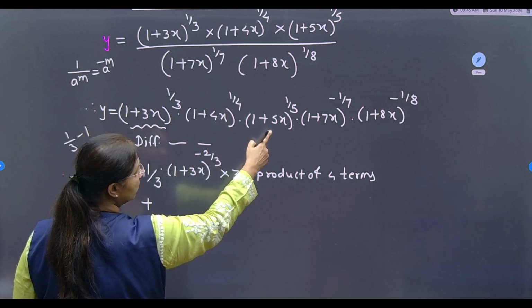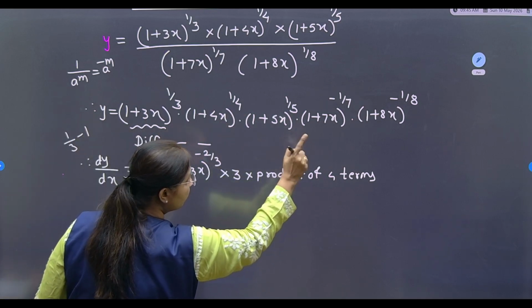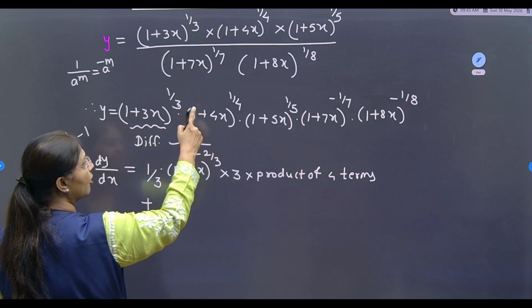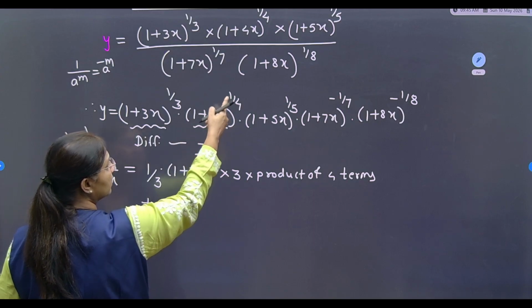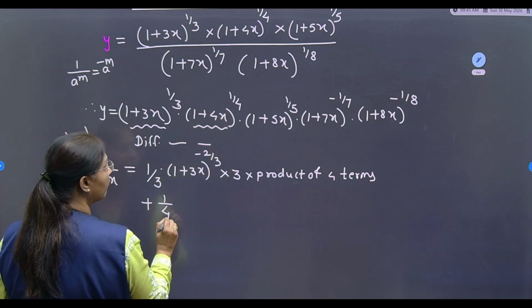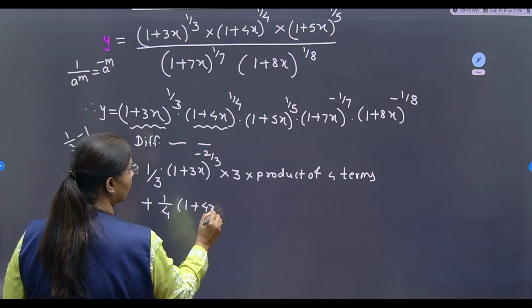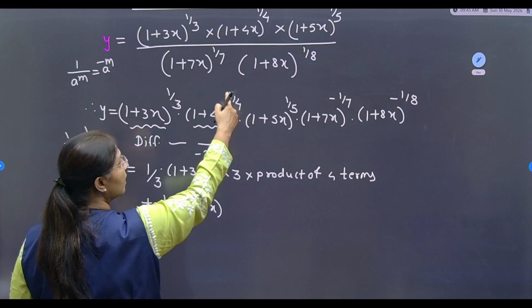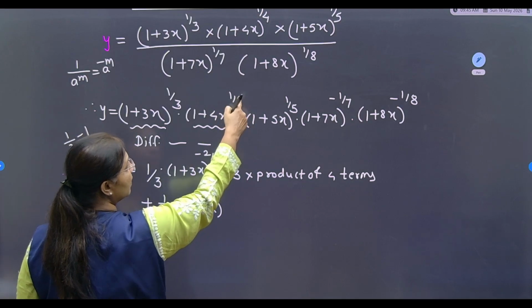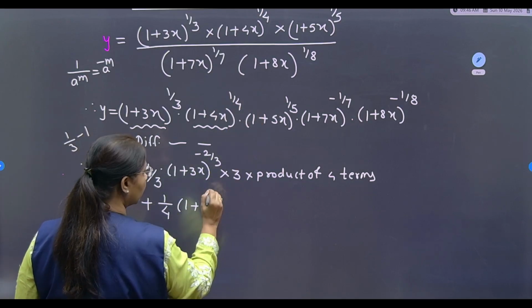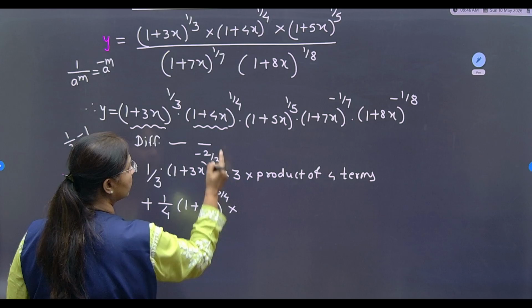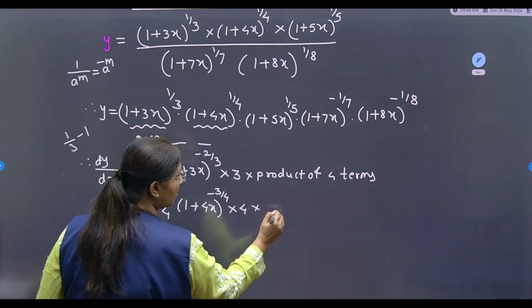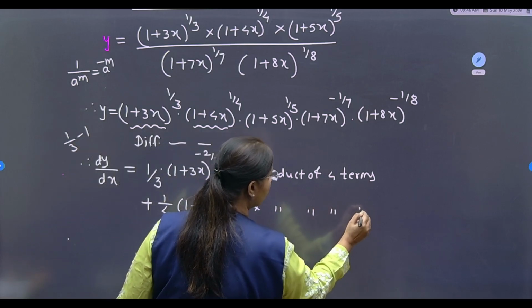Then plus the first as it is, the third term as it is, the fourth term as it is, the fifth term as it is, and the derivative of the second: 1 plus 4x raised to 1 by 4 gives 1 by 4 into 1 plus 4x raised to 1 by 4 minus 1, which is minus 3 by 4, into the derivative of 4x, that is 4, into the product of the 4 terms.